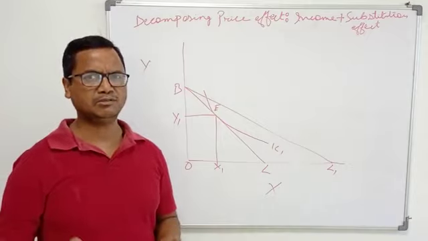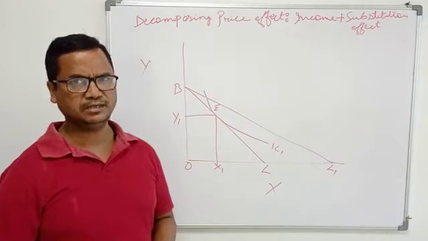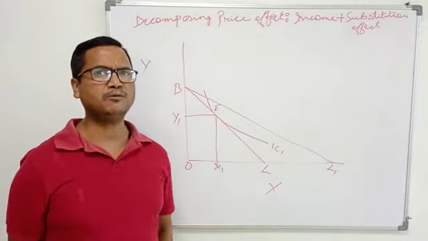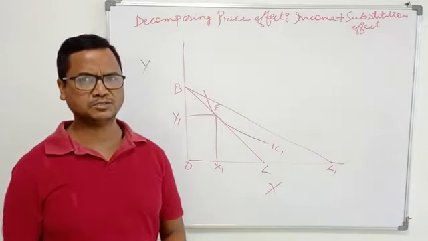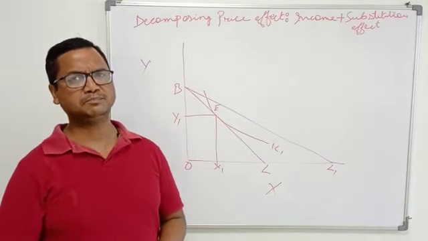in order to nullify the effect of the increase in real income of the consumer, let us assume that some amount has been taken away from the consumer in such a way that he will be at the same level of satisfaction.